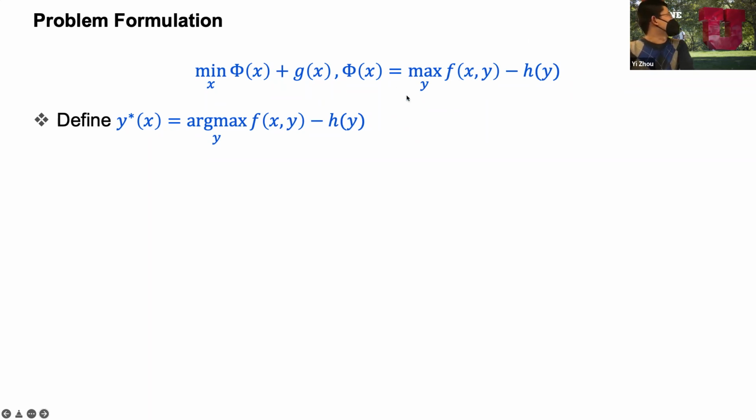Therefore, it has a unique maximizer, and we denote the unique maximizer as y star. And because the problem depends on x, this maximizer is also a function of x in general. So we will define this y star x mapping, which is very useful as we develop the algorithm later on.